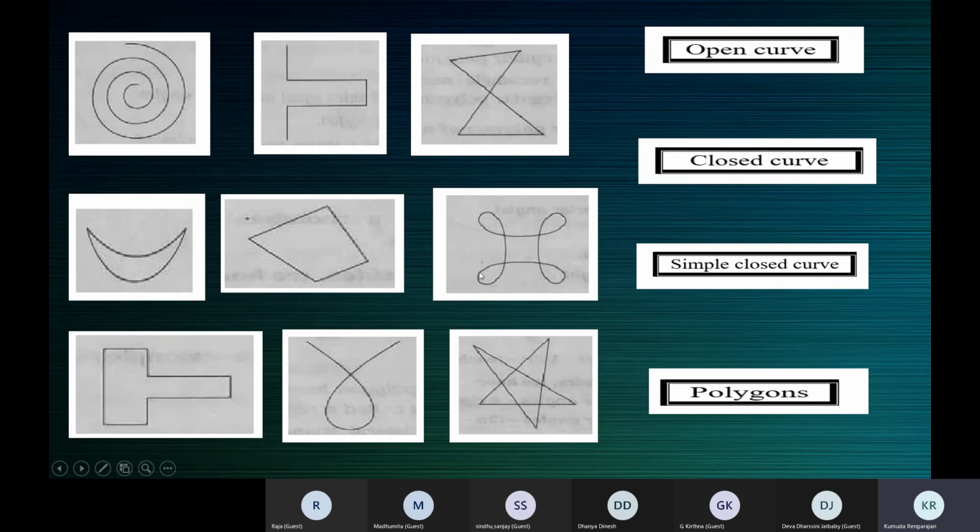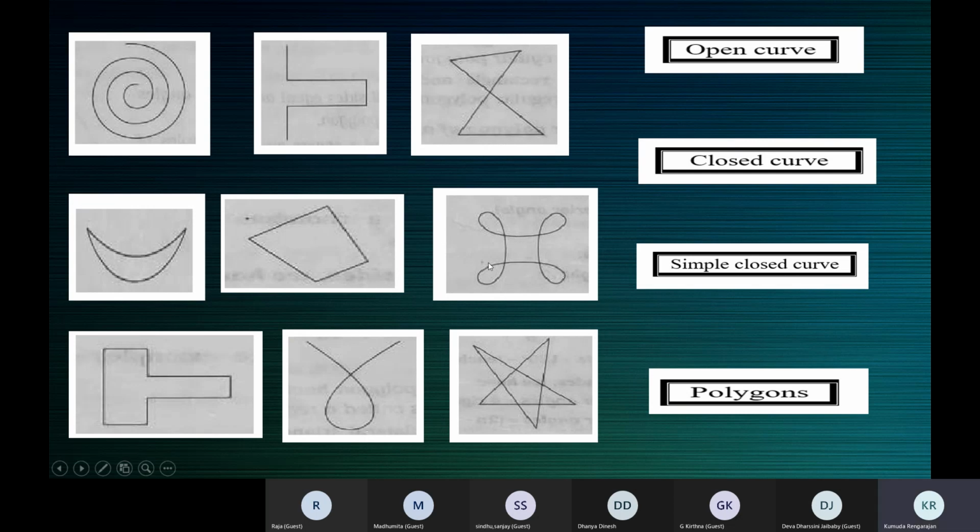See, supposing you start here. So you should go like this, like this, like this, and you can finish it here. So we can draw this.